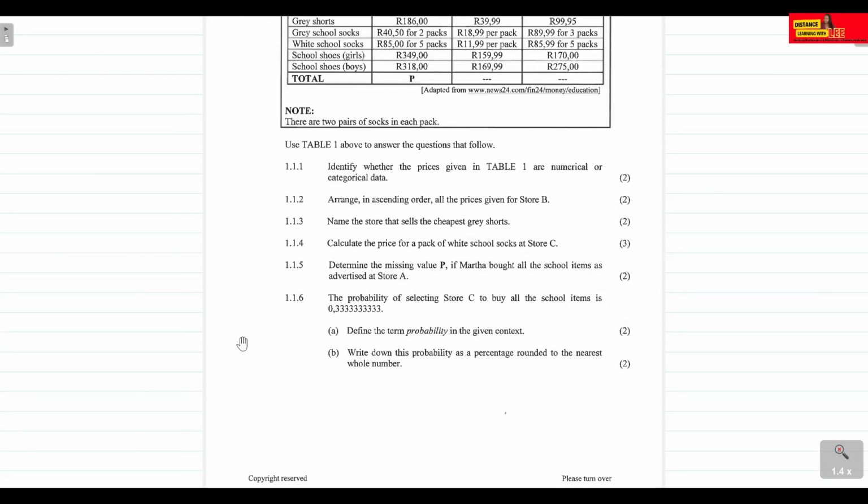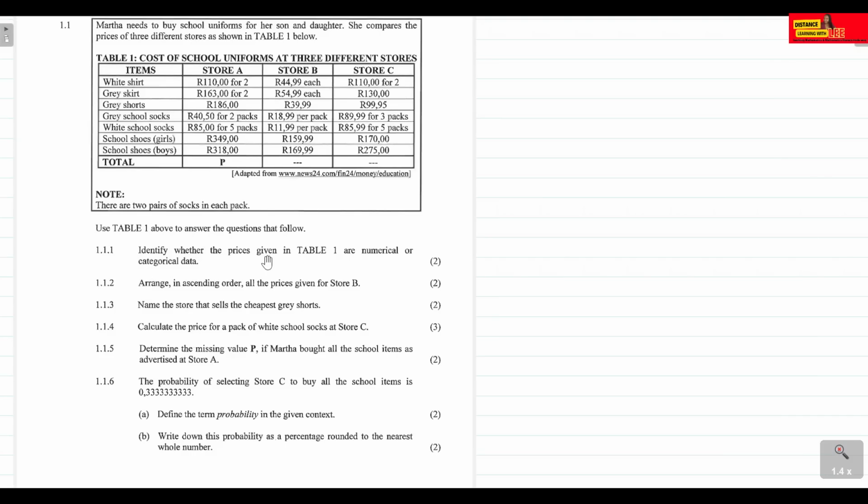First question: identify whether the prices given in table 1 are numerical or categorical data. For you to be able to distinguish between the two, you need to know what's the difference. What is numerical data? What is categorical data?